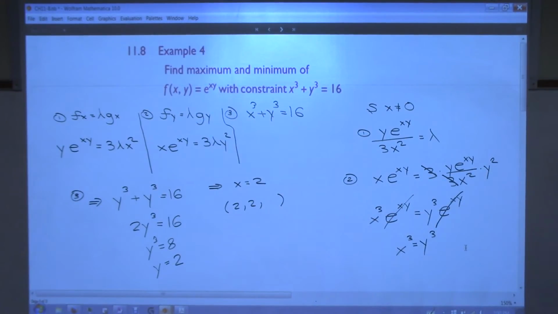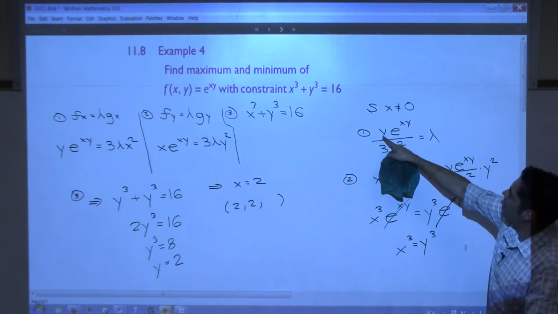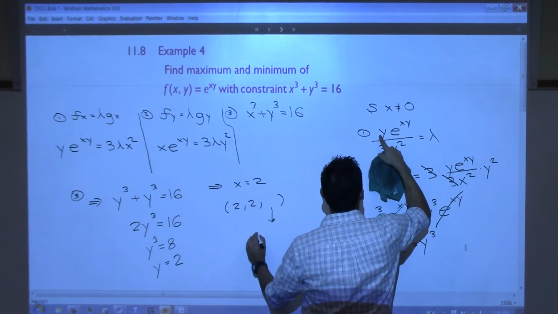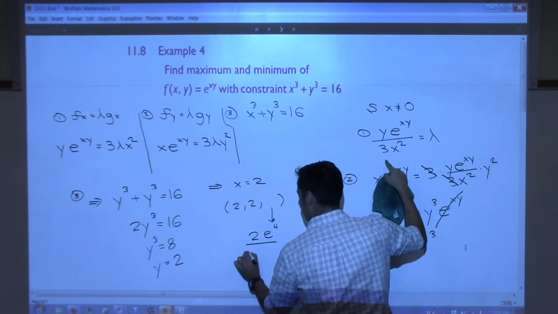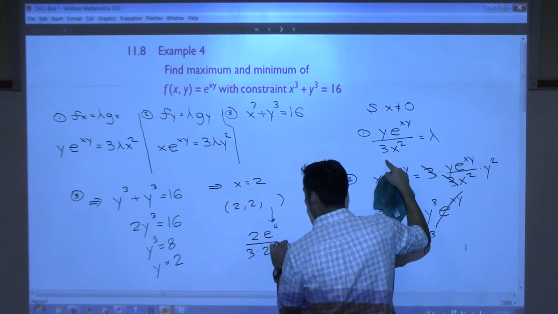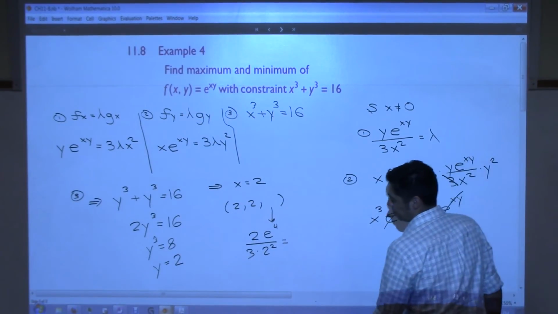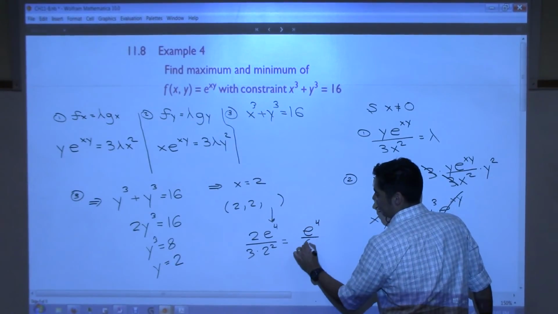Can you give me what lambda would be in this case? Do we have an equation with lambda in it? Right here. Replace your y with 2. I'm telling you how I'm getting lambda here. 2e to the 4 over 3 times 2 squared, which is e to the 4 over 6.